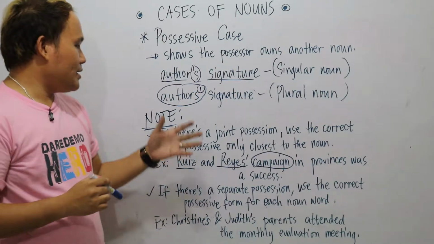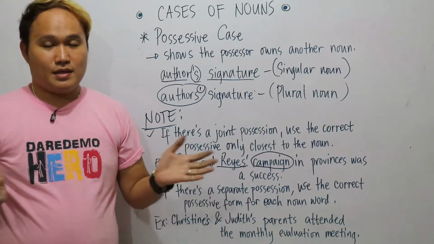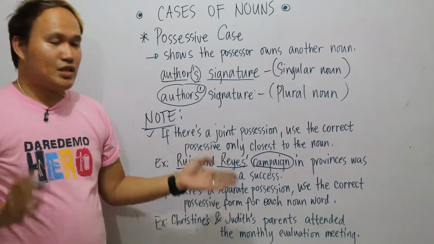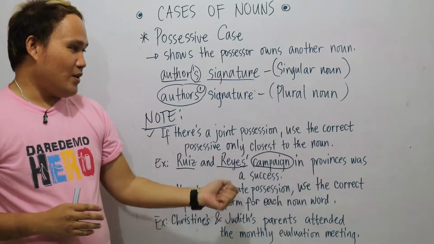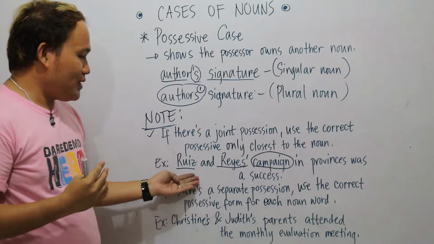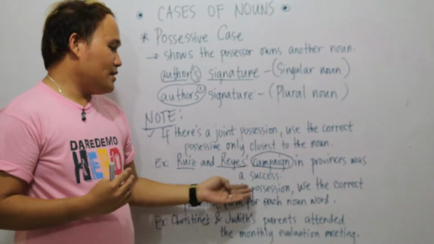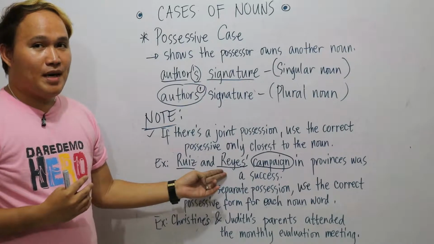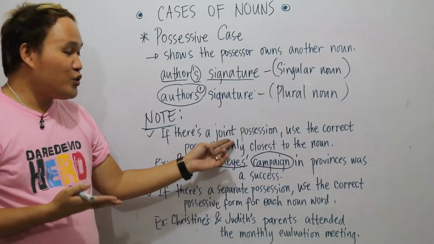Another important reminder: if there is a joint possession, use the possessive only on the noun closest to the thing possessed. For example: Ruiz and Reyes' campaign in provinces was a success. We have two possessors, but this sentence refers to a joint possession.